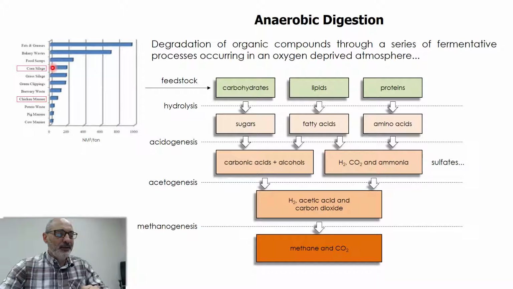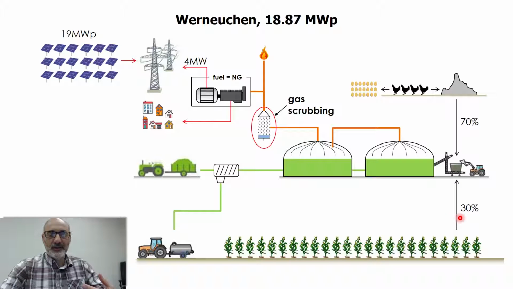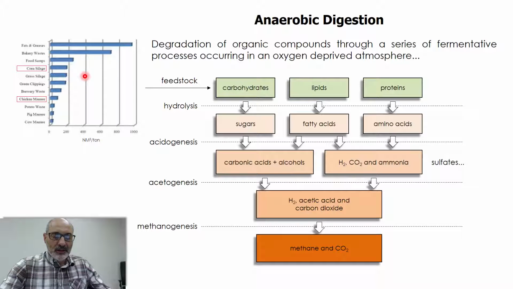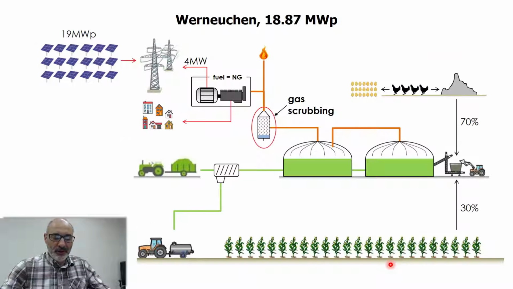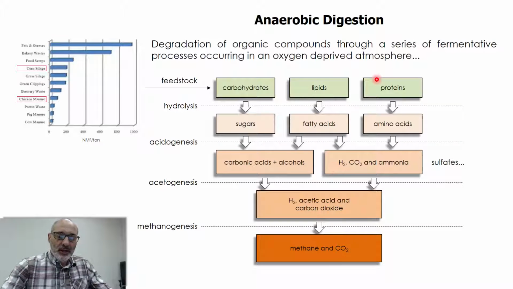And the idea is that you increase the energy content of chicken manure with a small amount of corn silage, 30% of corn silage. So all those layers of reactions occur in these two reactors. That's why you have 2 or sometimes 3 reactors in order to better control this cascading here.